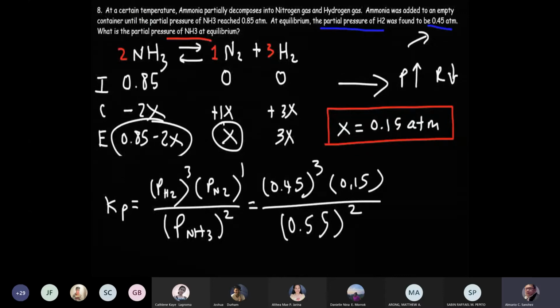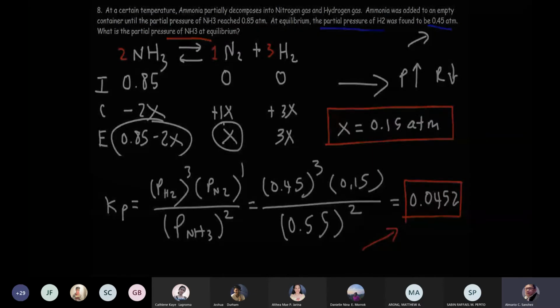So Kp is going to be 0.045. So that is the equilibrium pressure constant, if we want to find it.